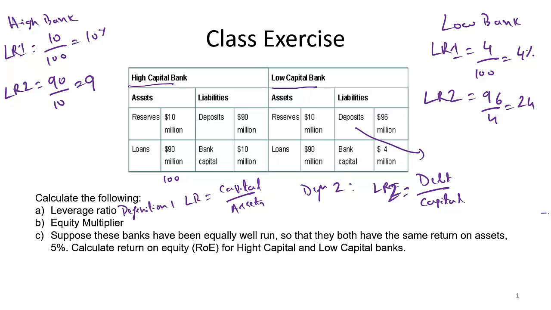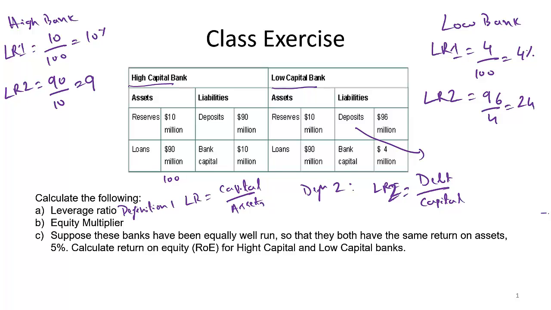So you can see that by this definition, for each dollar of capital, the high capital bank borrowed $9 against $24 for the low capital bank.